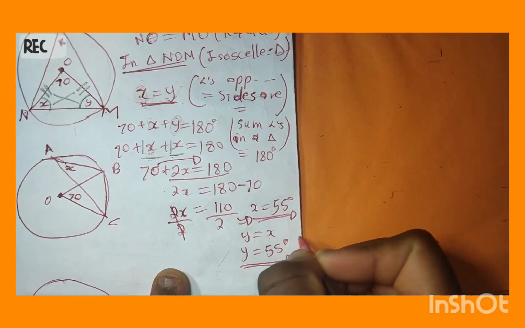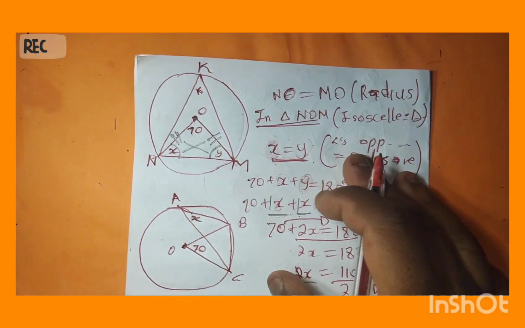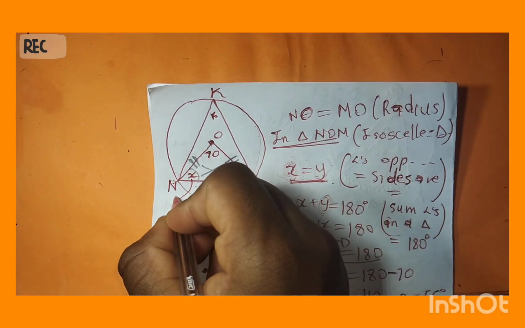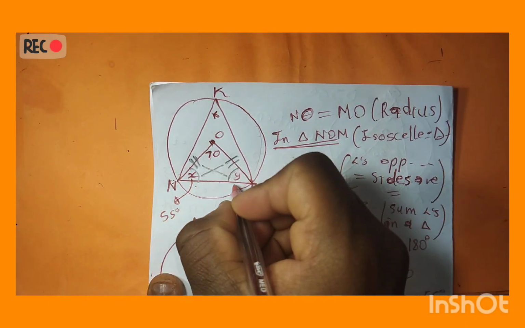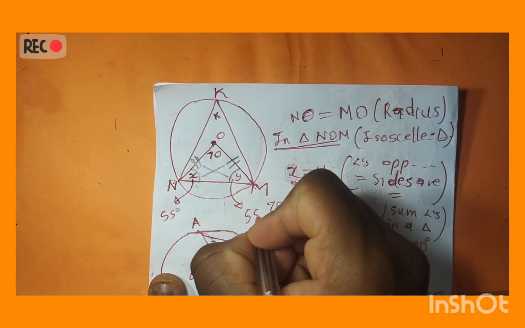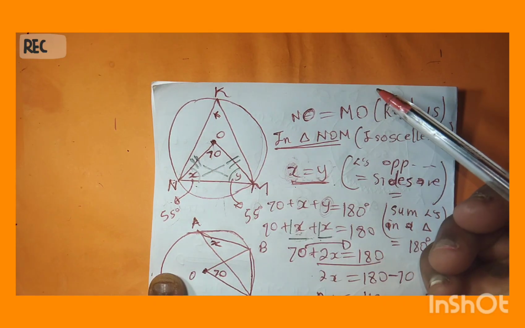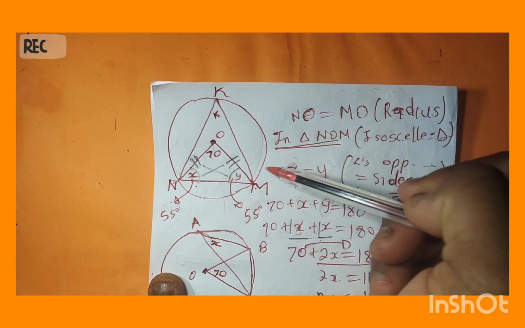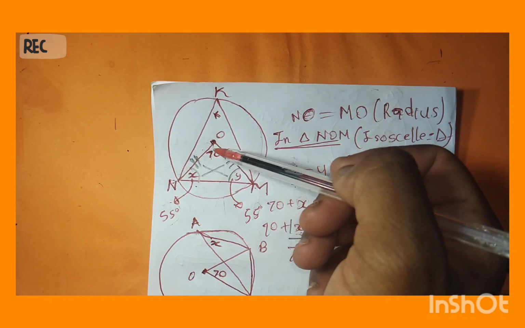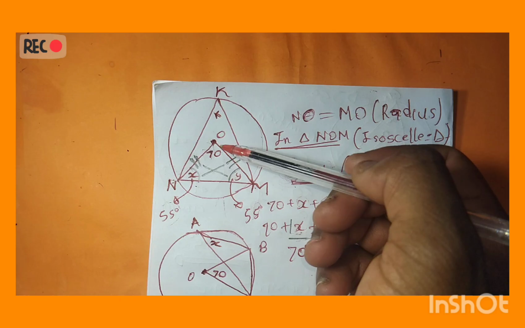Do you see? So now I know these two values: this one is 55, and even this one is 55. And 55 plus 55 plus 70 gives 180, because the sum of angles in a triangle is 180 degrees.